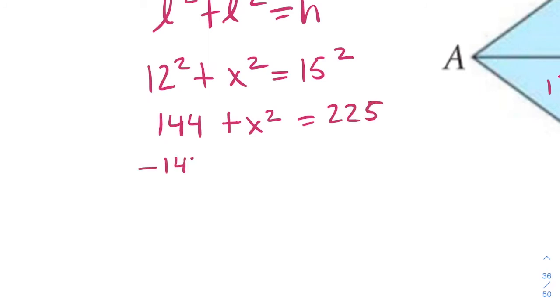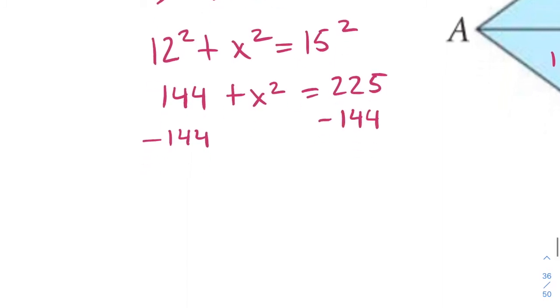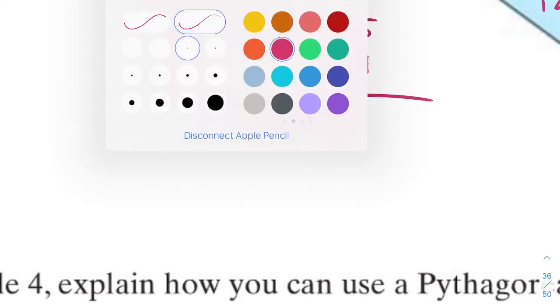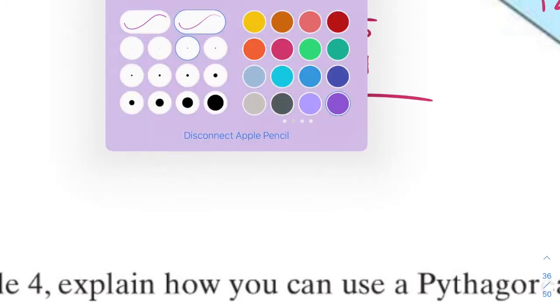So take away 144. So x squared equals 225 minus 144, which is 81. So now find the square root of 81.